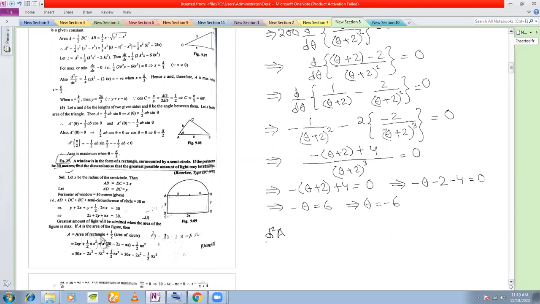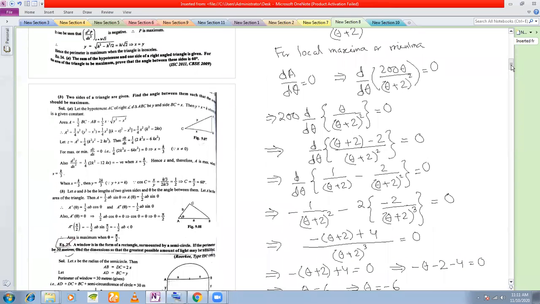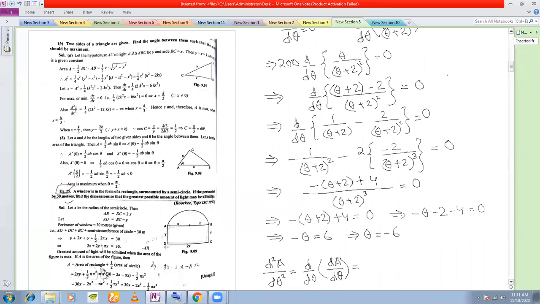d2A by d theta 2 is d by d theta of dA by d theta, which is, now what is dA by d theta?